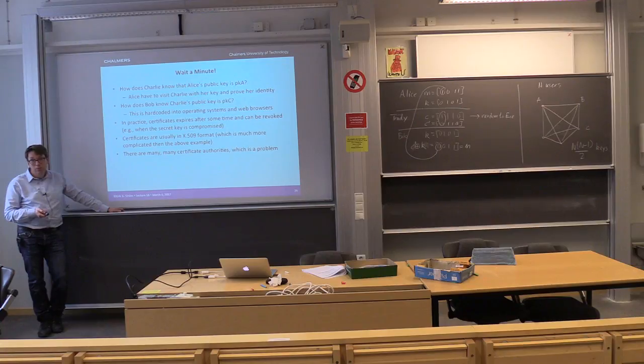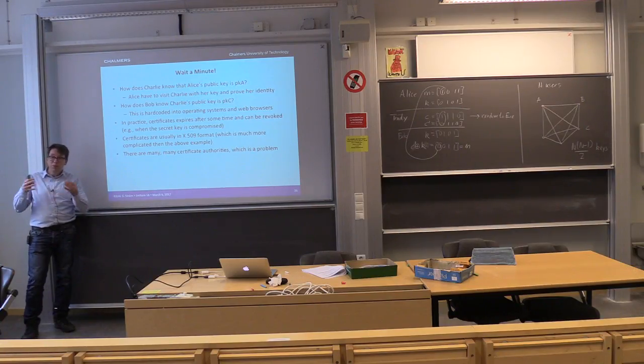That's how it's solved. So for instance, if Amazon would like to have a certificate, Amazon has to go to VeriSign and say, we're Amazon, here's our public key. Can you certify this? And they say, okay, you can do that if you show me some ID and things like that. It's a complicated process, but it can be done.